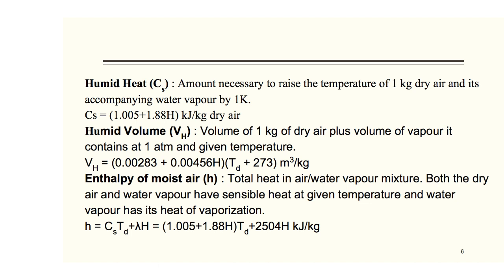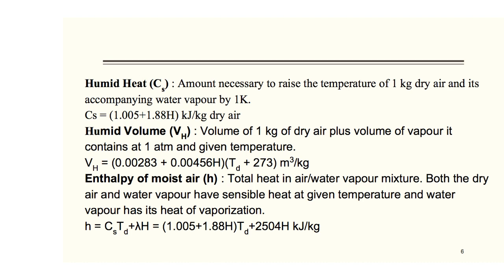And the next property is enthalpy of moist air. Enthalpy is the total heat of moist air. Moist air means air and water vapor mixture. So at any temperature we have the sensible heat of moist air as well as the heat of vaporization of water vapor, because water vapor is in vapor state.